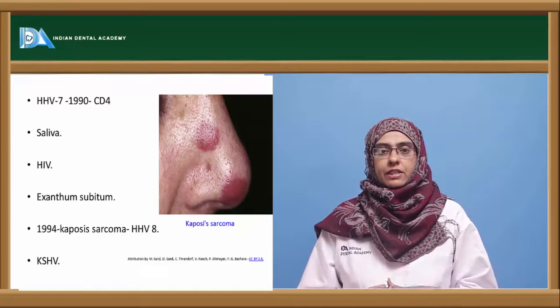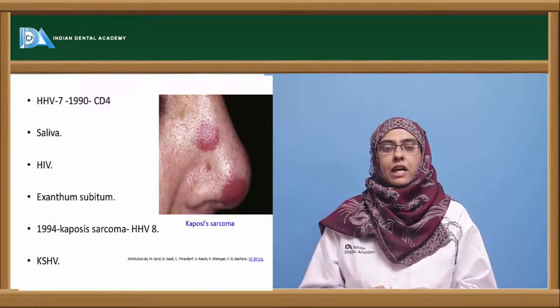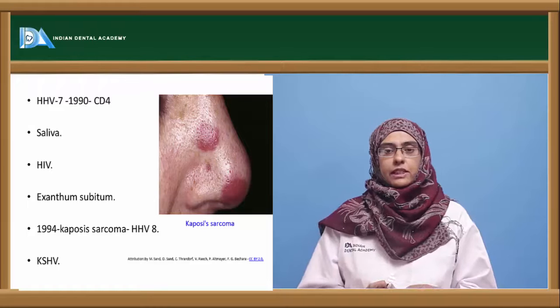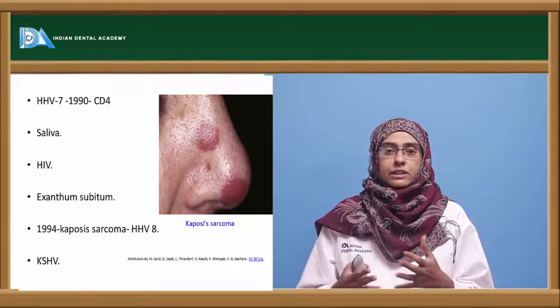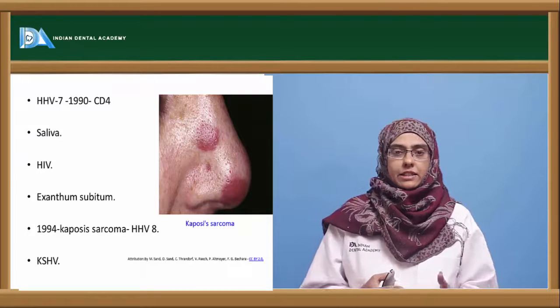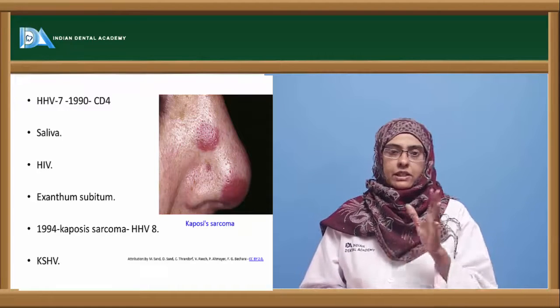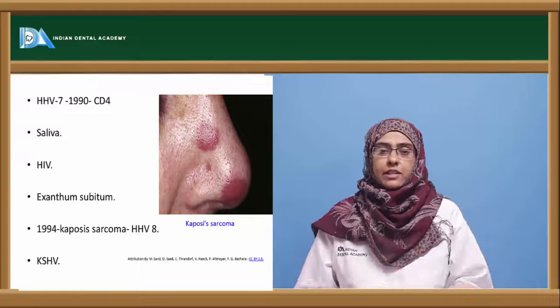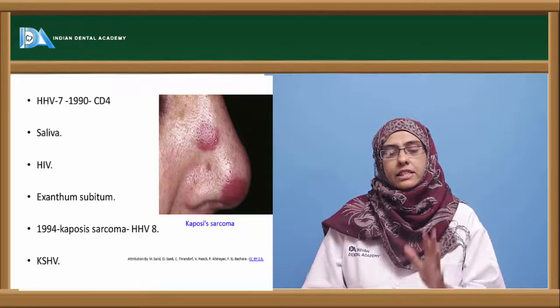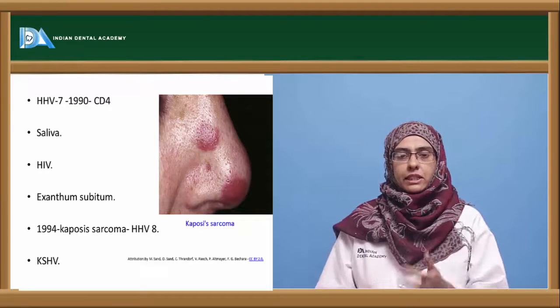Next is HHV7. This organism was isolated from the CD4 cells of the TH lineage. So it is similar to the HIV infection and shares a similar receptor with the HIV, because HIV also attacks the CD4 cells or the TH cells.